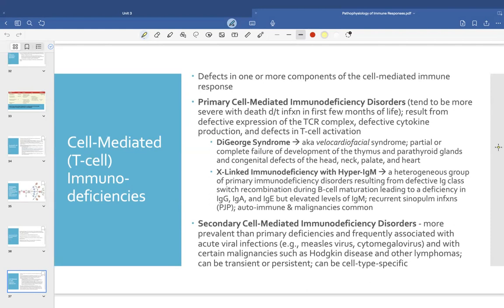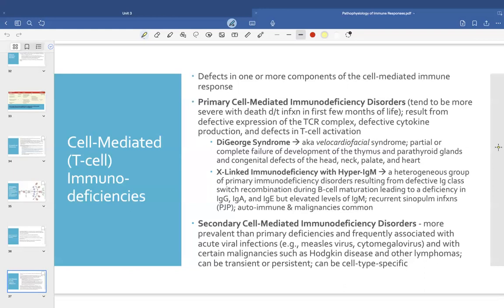And so DiGeorge syndrome is one. You probably learned about DiGeorge syndrome in peds. It also is known as velocardiofacial syndrome because of the physical abnormalities, defects that affect the head and the neck, the palate, the heart, etc. But also, in this particular condition, they don't develop a thymus and parathyroids.